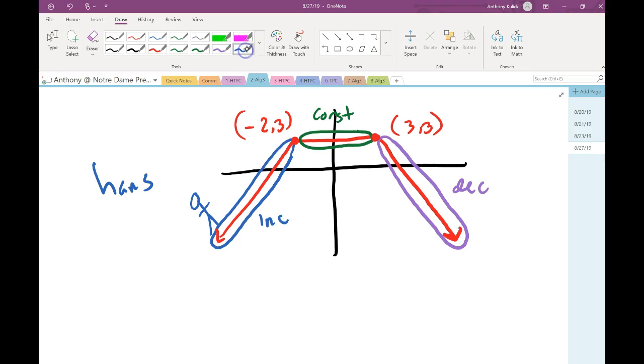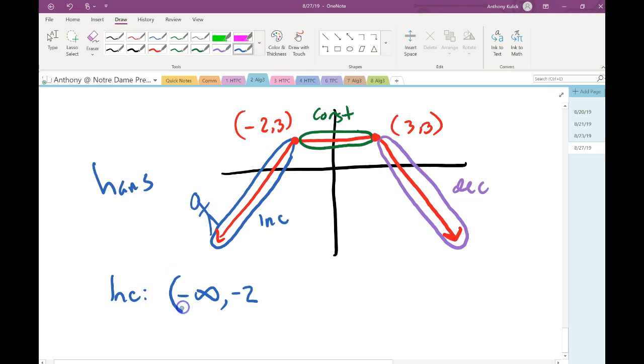So, in this case, my increasing section, the leftmost point on that increasing section includes the left-hand arrow, so that's going to be negative infinity. And I stop walking uphill when I get to negative 2. Everybody agree with that? Okay.